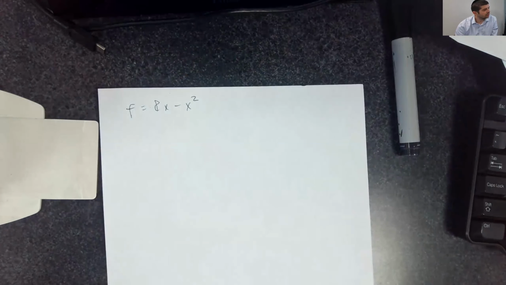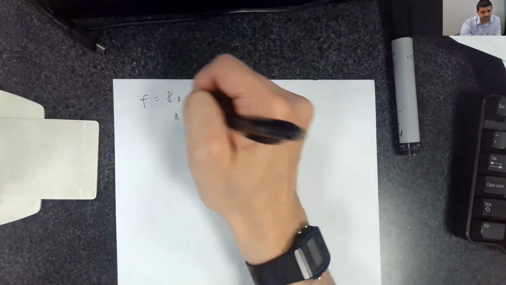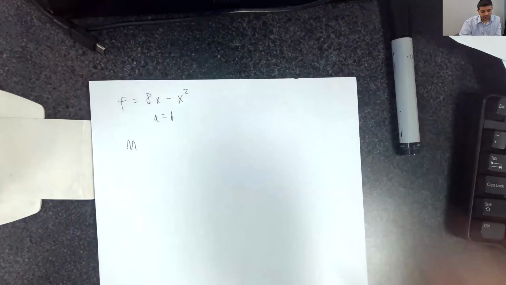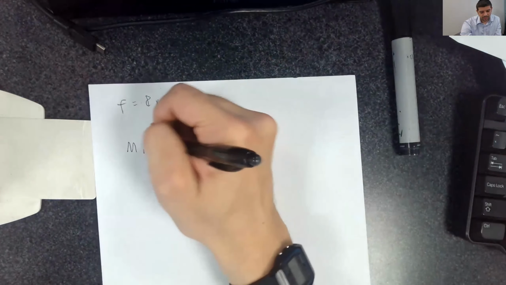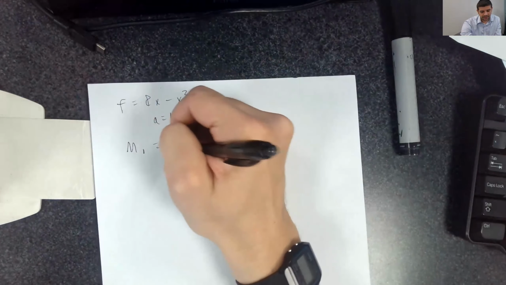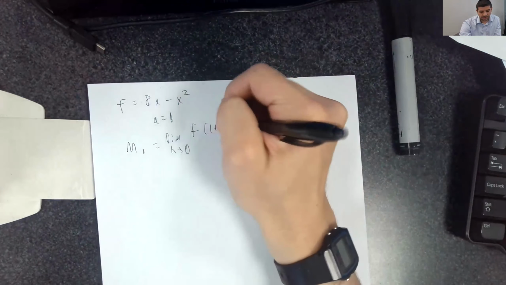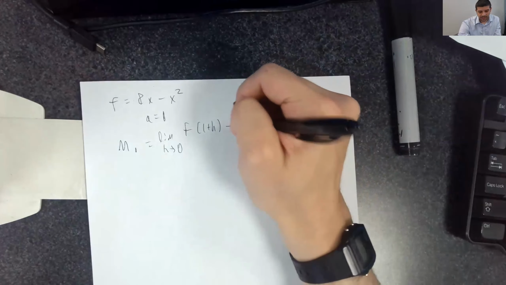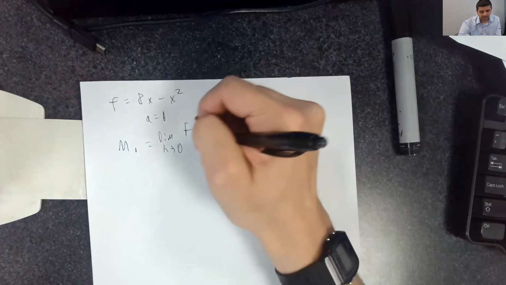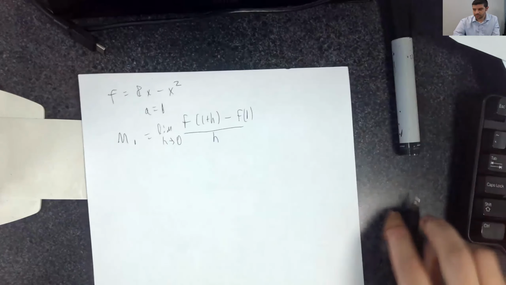What x value do they want the tangent line for? 1. So your a value is 1. They want your slope at 1. So it's the limit as h goes to 0 of f of 1 plus h minus f of 1, divided by h.